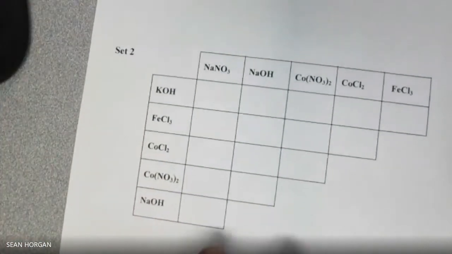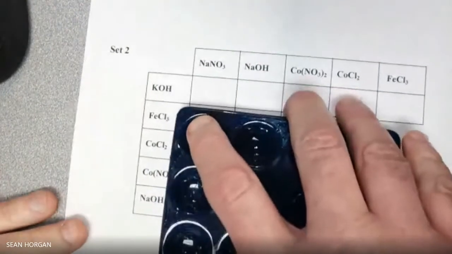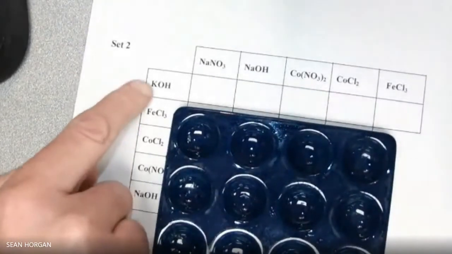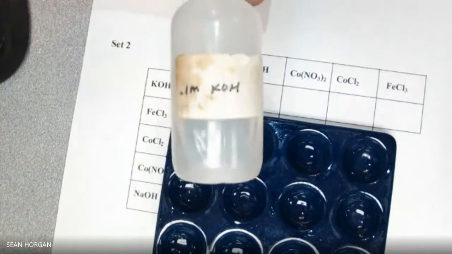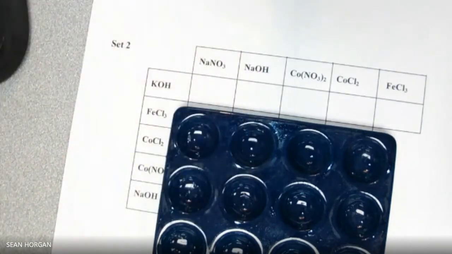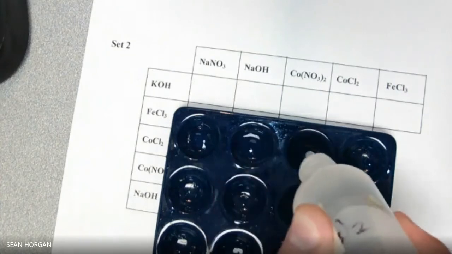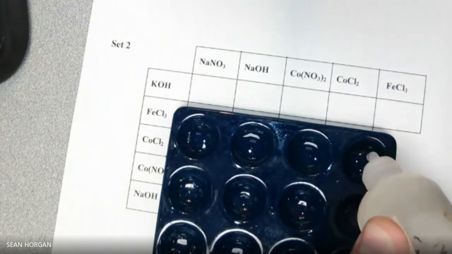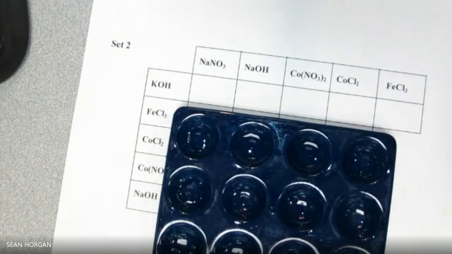All right, so this is going to be set 2 for the precipitation reaction lab. And we're going to take a well plate and put it there. We're going to take the KOH. Where are you, KOH? There you are, KOH. And we're going to put in 4 wells, 5 wells. Put in those 4 wells.